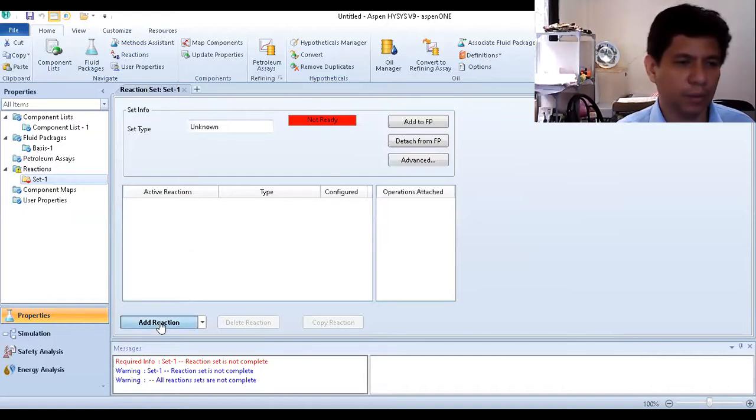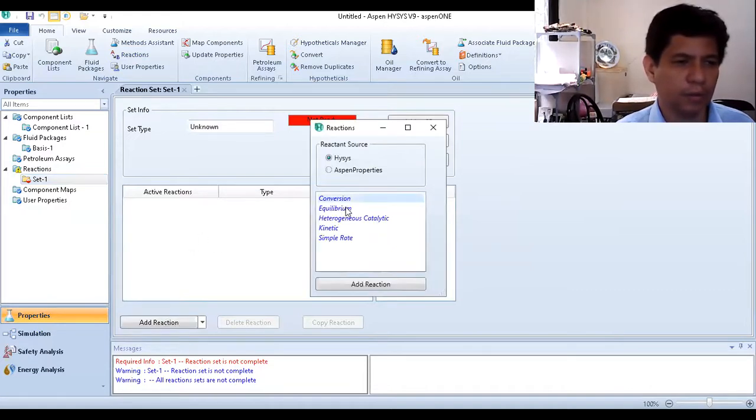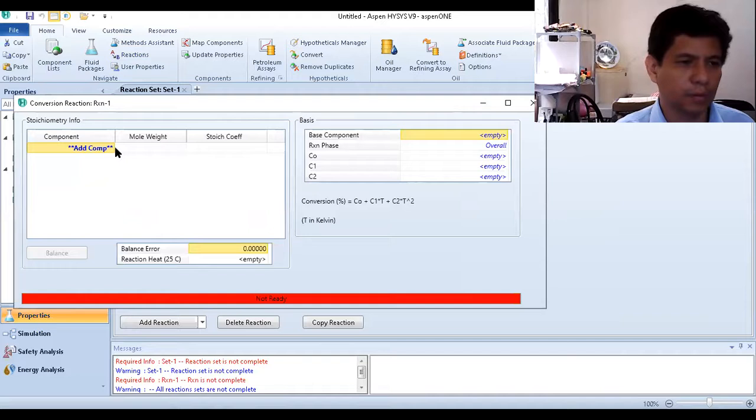Okay, I'm going to add another reaction. It's a conversion reaction. Methane, oxygen, carbon dioxide, and water.